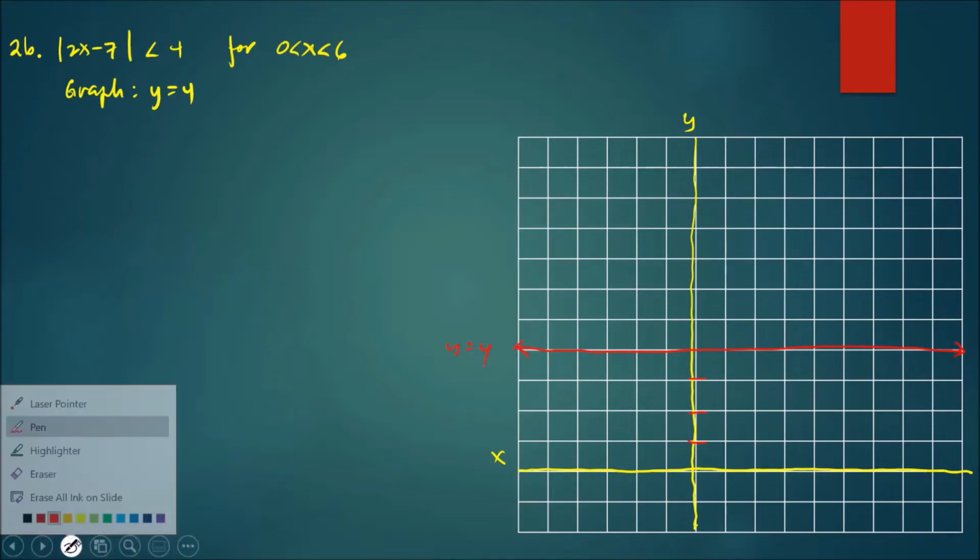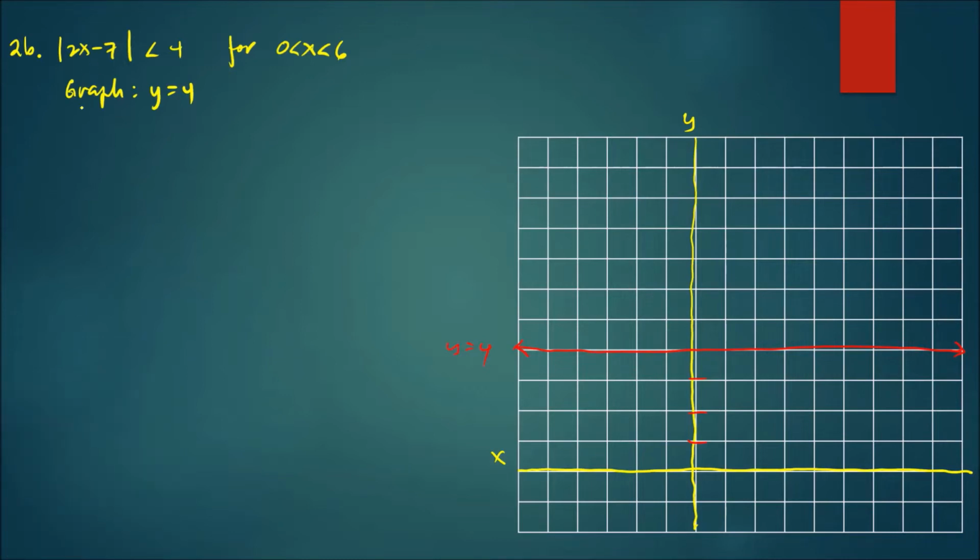Then the next thing we need to do is graph the modulus, that is the modulus of 2x minus 7. Again, to graph this, we need the table of values. To start with, we will start with the y-intercept. To get the y-intercept, x must be 0. So if x is 0, y is equal to what?